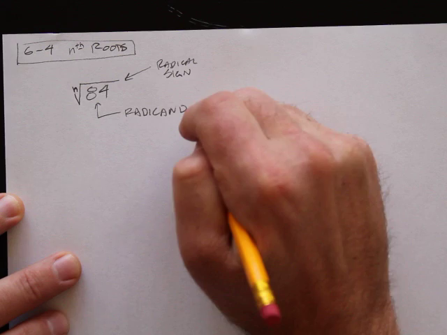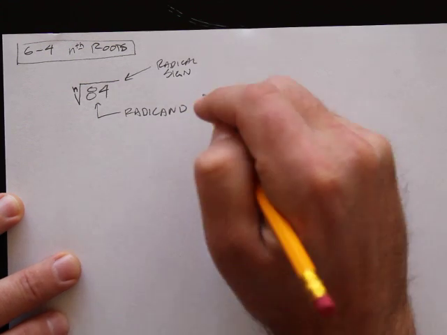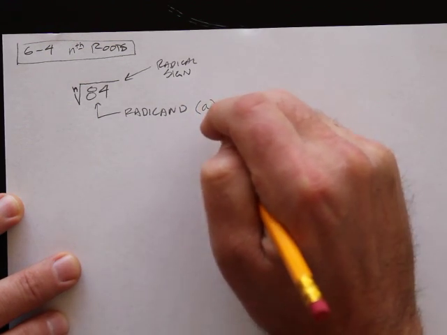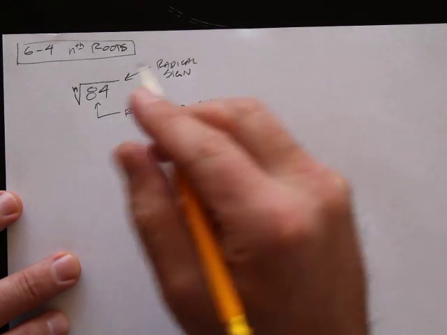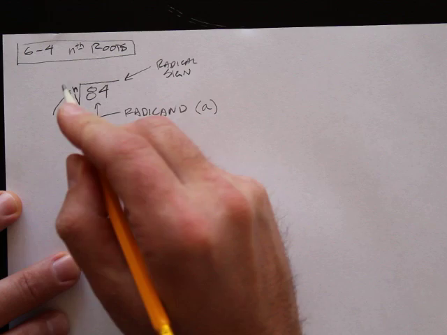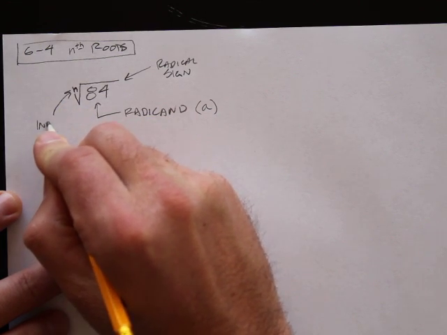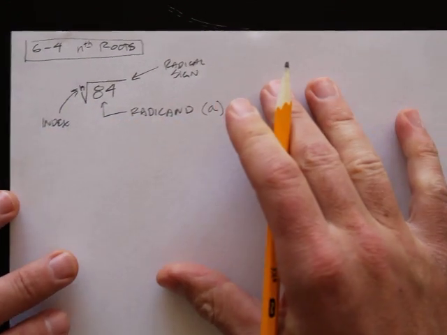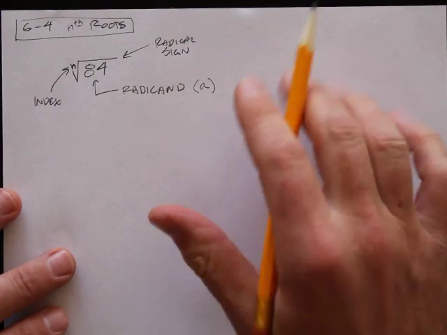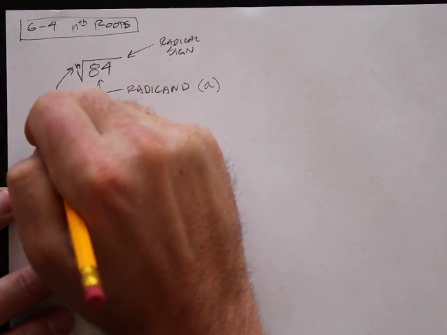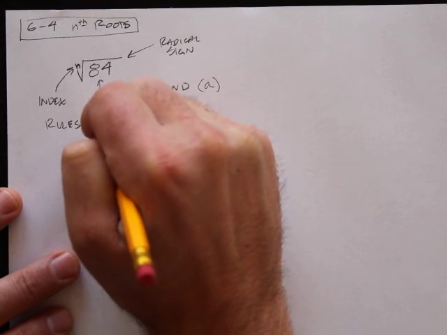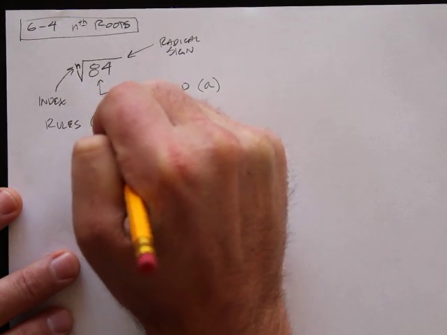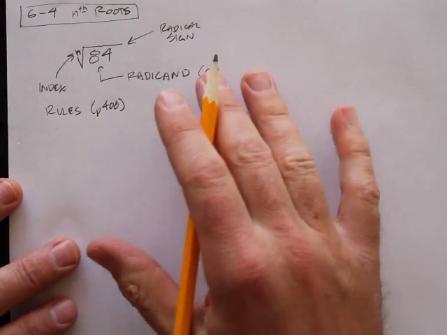And we're gonna draw a chart down here, and so we're gonna be using A as the radicand. And then N here is the index number. All right, so let's talk about some rules. These rules are on page 408 in your book, just in case.